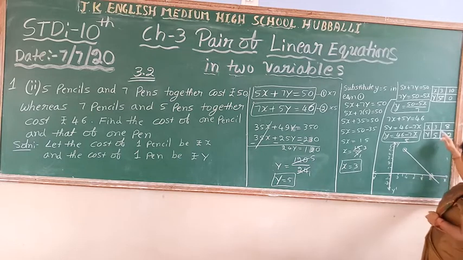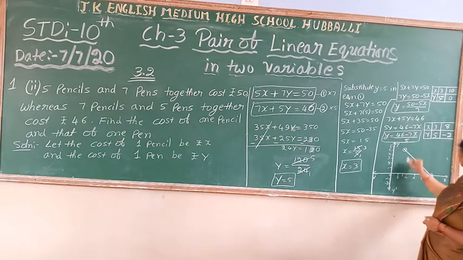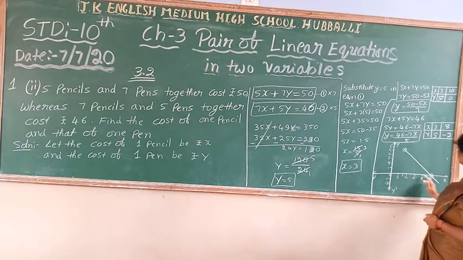You can extend also. In this manner, this is also 3, 5 and 8, minus 2. 8, minus 2 means here it comes.